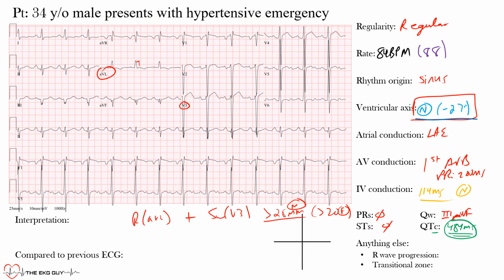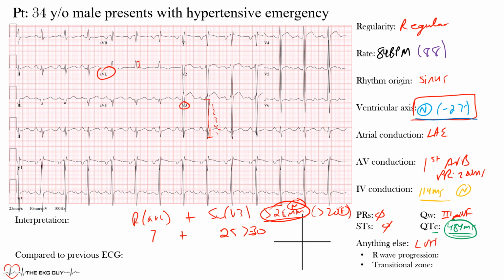If you look here, the R wave is maybe about 7, and then the S wave here is quite deep. If you take this baseline and measure it all the way down, it's at least 1, 2, 3, 4, 5, almost 6. So at the bare minimum 5, that's already greater than 30. So above that cutoff. So there is evidence of LVH here.